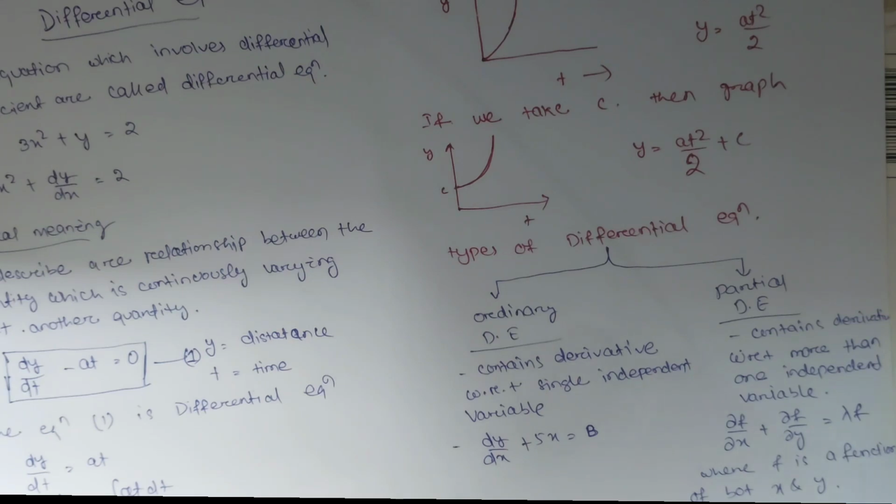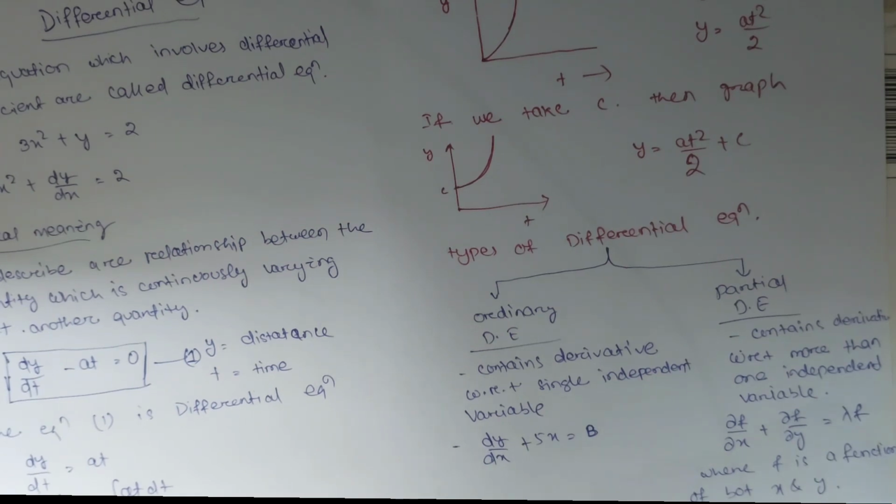So here the independent variables are x and y, and here del f by del x plus del f by del y equals lambda f. Okay, now let's see some identification of differential equation.